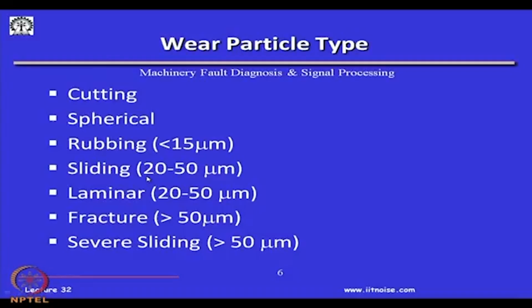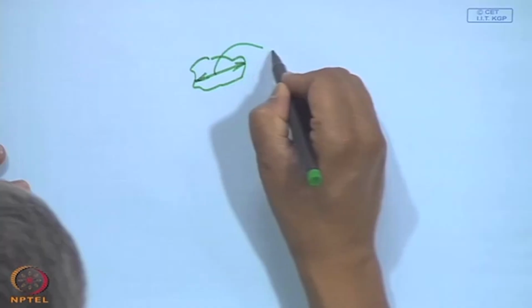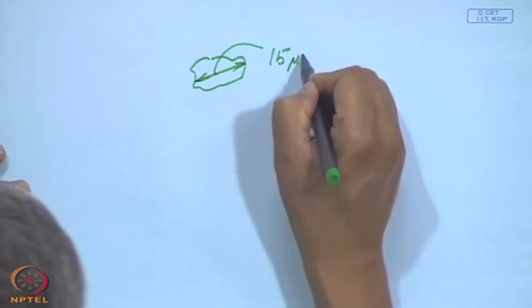Now, usually these wear particle types, I had drawn a few of them, like the laminar ones, or the irregular shape, or the curl shape. The typical size of these wear particles, could be cutting, could be spherical. If it is rubbing, it is usually less than 15 micron. By the size, I mean, if you see under a microscope, one of the dimensions happens to be 15 micron.